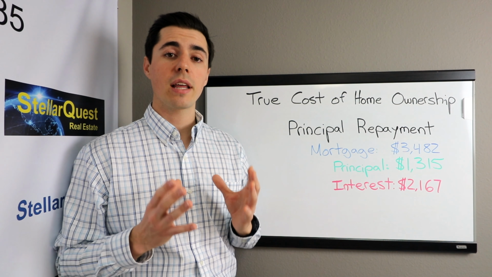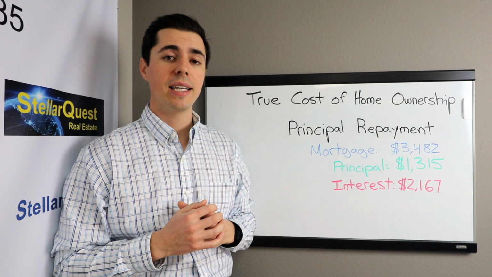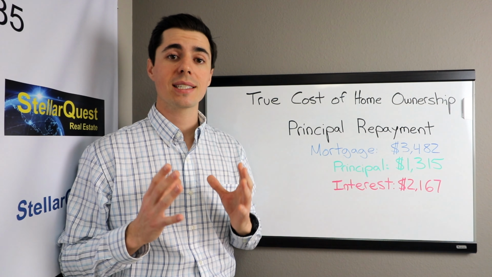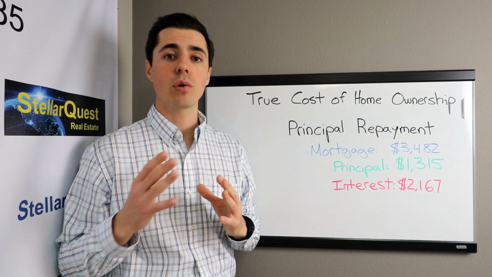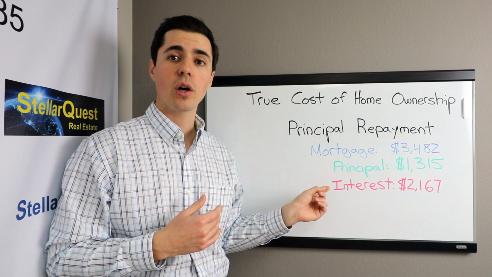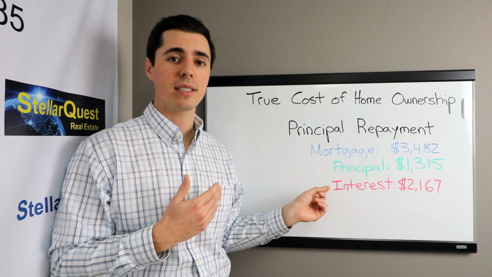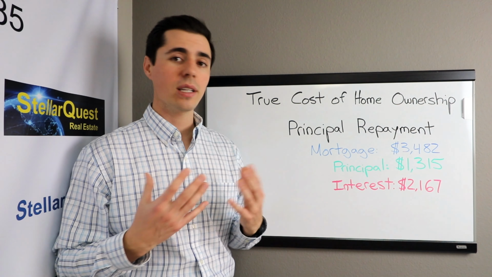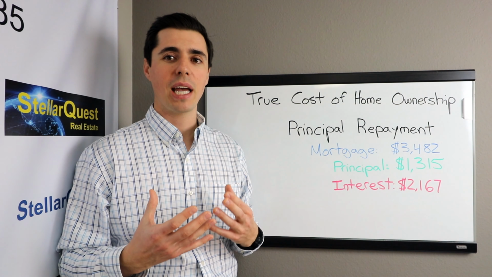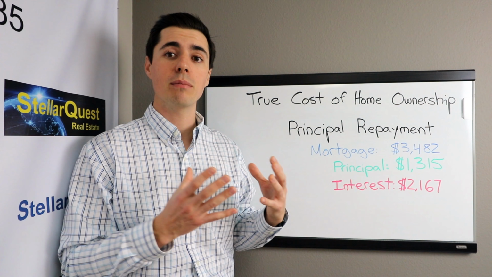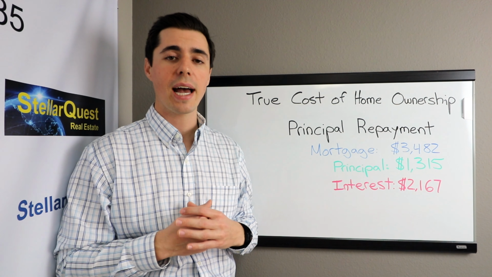The way it works on a 30-year fixed rate mortgage is the total monthly mortgage payment stays the same throughout the 30 years, but the portion that goes towards principal increases every month, and the portion that goes towards interest decreases every month. This is really great because every time you make a payment, you are essentially contributing more and more money to your equity.